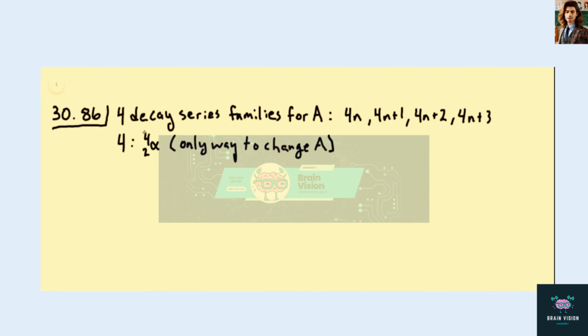And so given that this is the only way for the mass number to change, it's sort of easy to see that the mass number always has to change by 4, and that means that the new number you end up with is going to be in the same family. So if we have 4n minus 4, then this is 4 times n minus 1, which is just 4 times some new n.